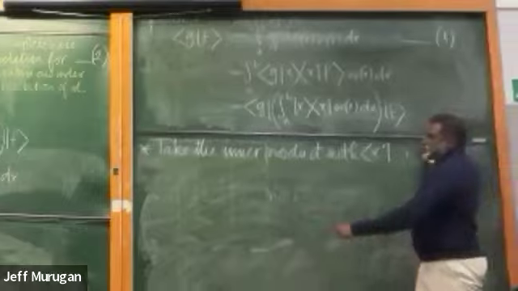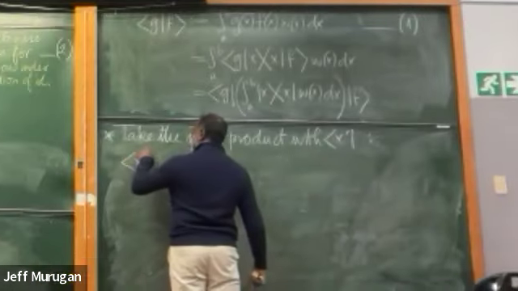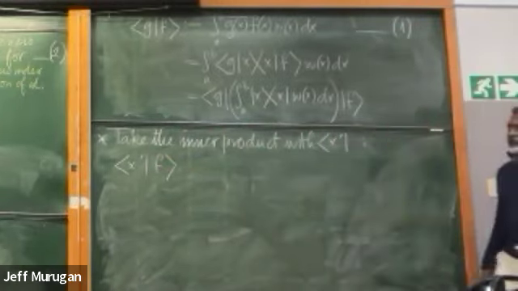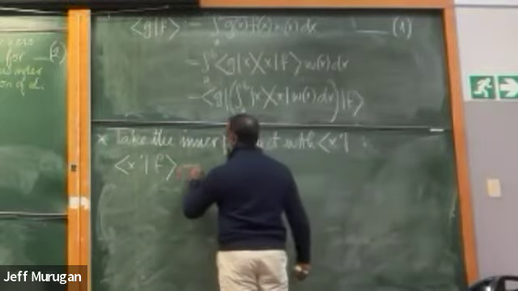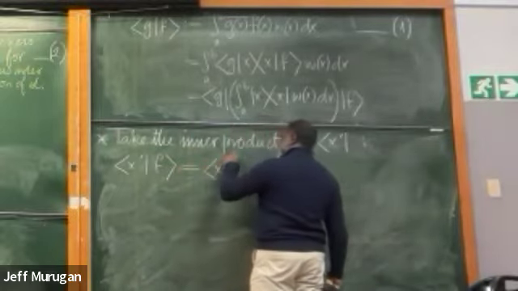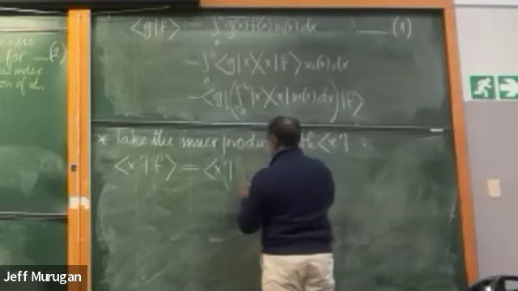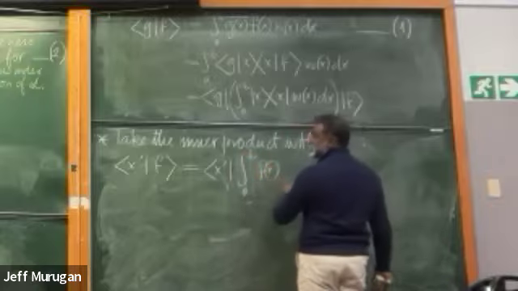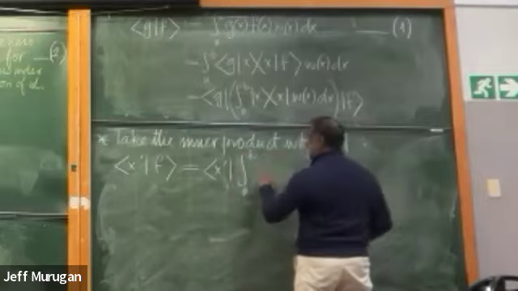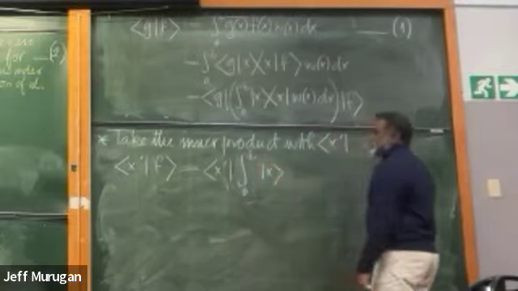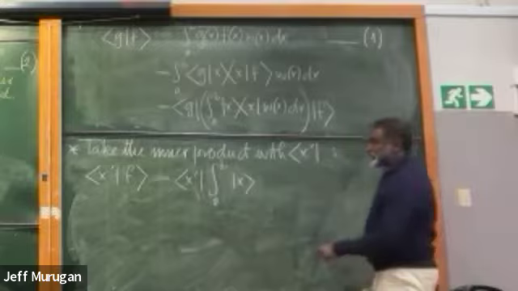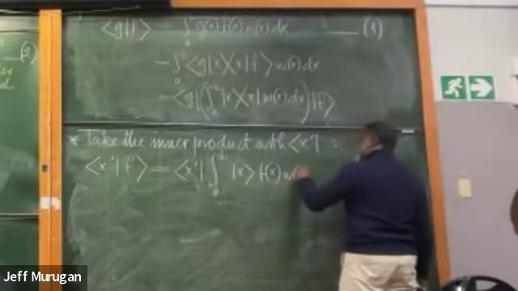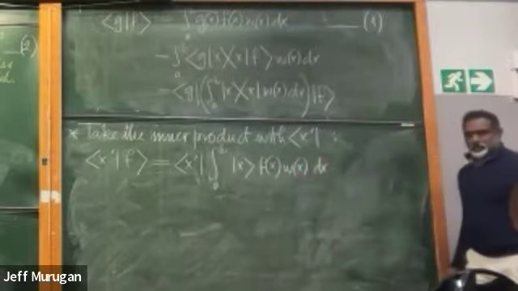So X prime inner product F is the inner product of X prime with the integral from A to B of F of X. In fact, let's write it like this: the vector X, function F of X, the weight W of X, all integrated with respect to X.